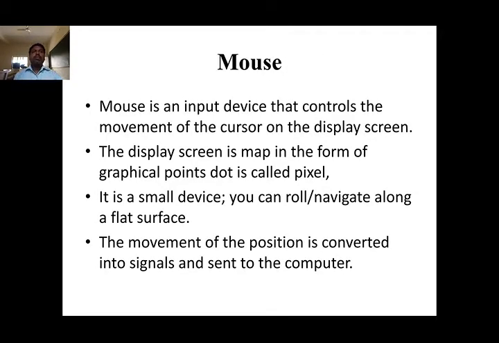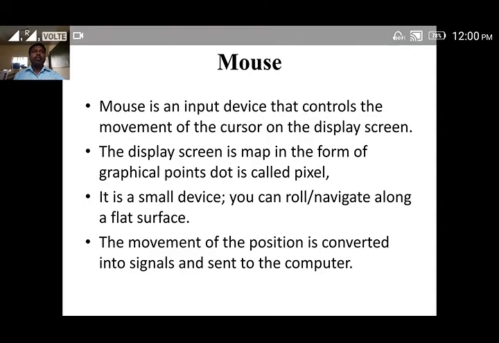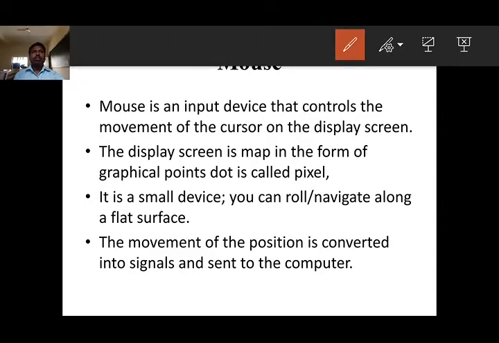Dear students, what is mouse? Mouse is an input device that controls the movement of the cursor on the display screen. See, if you open your system or a laptop, as soon as you log in to your system, there will be a cursor at the midpoint.